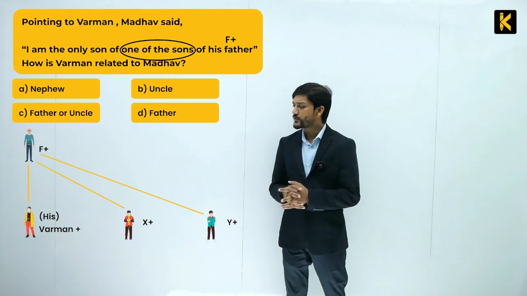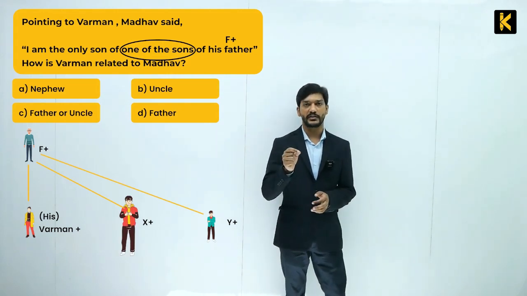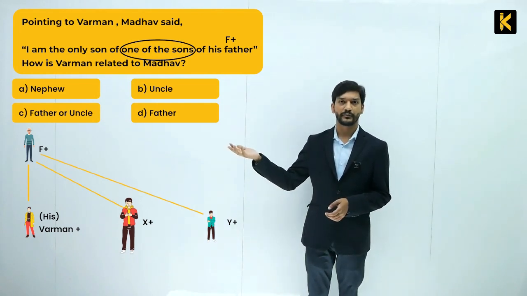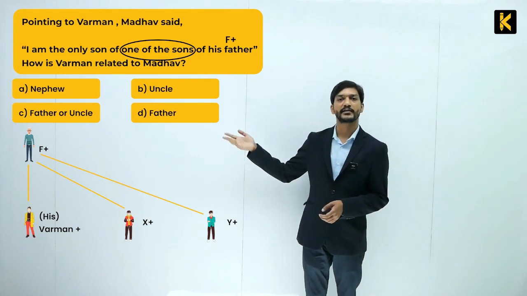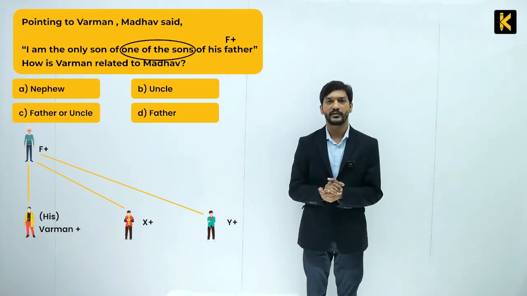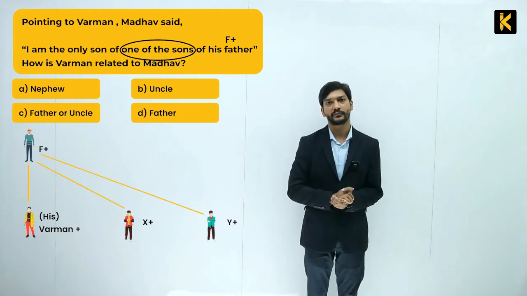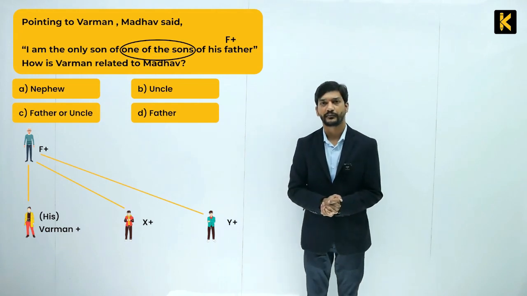In case I take one of the sons as X plus, I can choose Y also, I can choose Varman also. I am not choosing Y because I am choosing X, and if I choose Y it will be the same as X. I am choosing X plus as one of the sons. In the next case, I will be taking Varman.